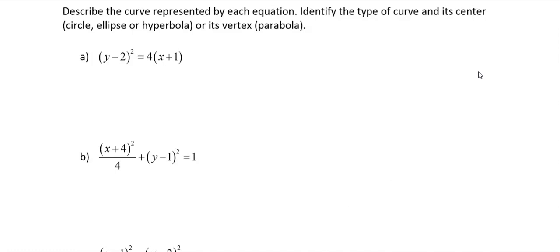If you go back and look, this was the first type that we looked at. This was actually a parabola. That's the defining characteristic of a parabola: one of the variables is squared and the other one is not. Because it's a parabola, now they want us to say where the vertex is located.